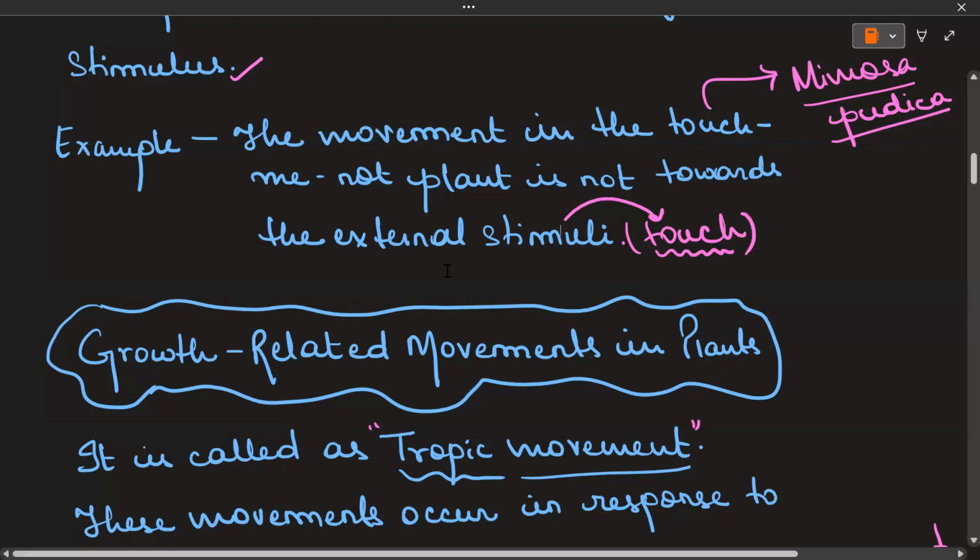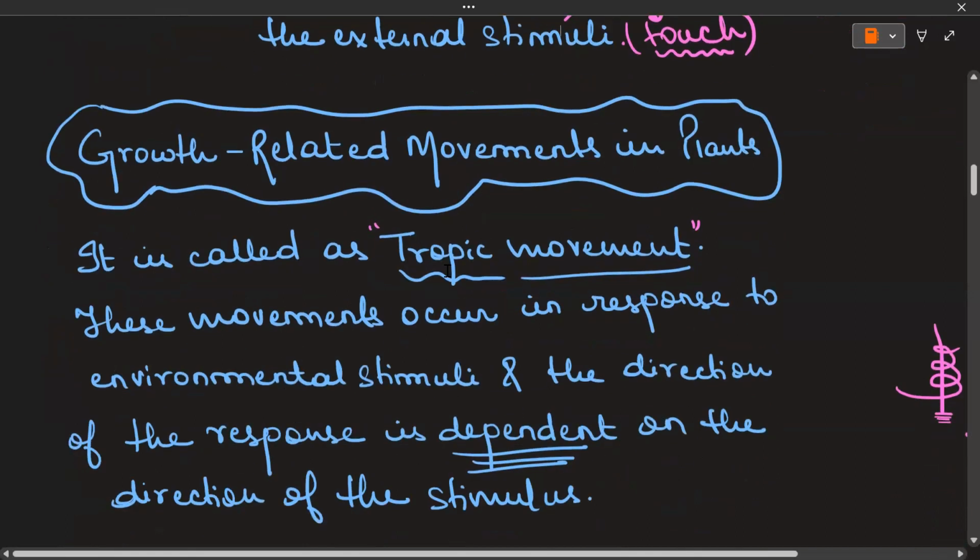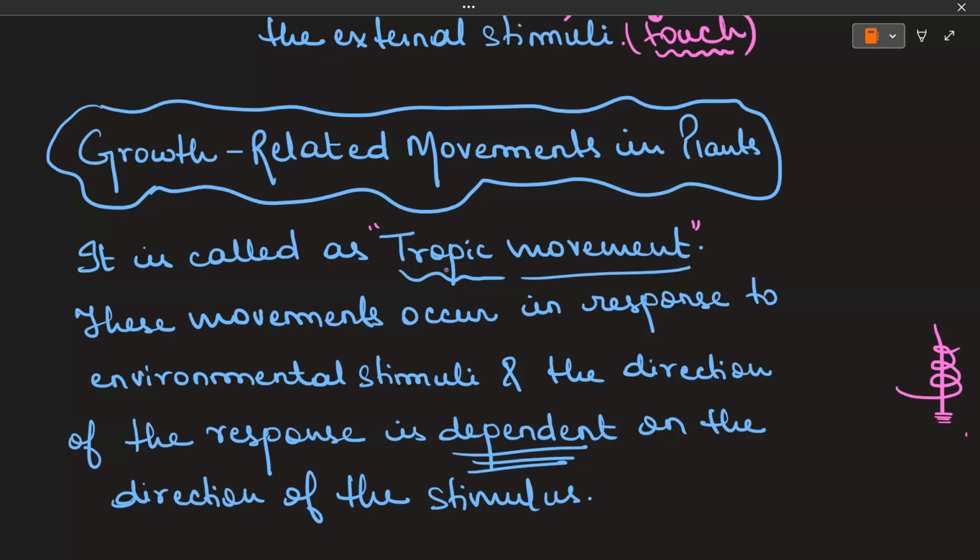Now moving forward, let us talk about growth related movements, meaning those movements that are dependent on growth. When we talked about growth independent movements, they were known as nastic movements, right?